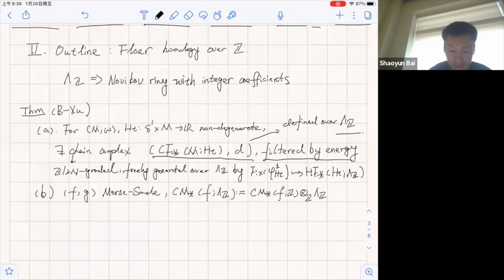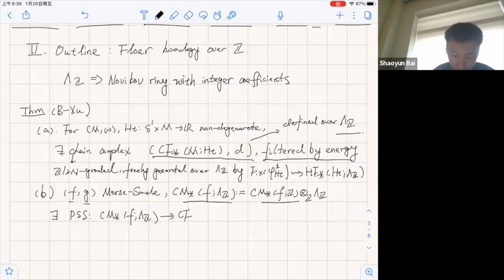To be more precise, suppose we fix a pair (f, g), where f is a Morse function and g is a Riemannian metric such that the pair is Morse-Smale. Let's consider the Morse chain complex over the Novikov ring, which is just defined to be the integral chain complex with the base change to the Novikov ring. Once we define this chain complex, the statement says that there is a pair of chain maps, which is called PSS, together with some sort of inverse.